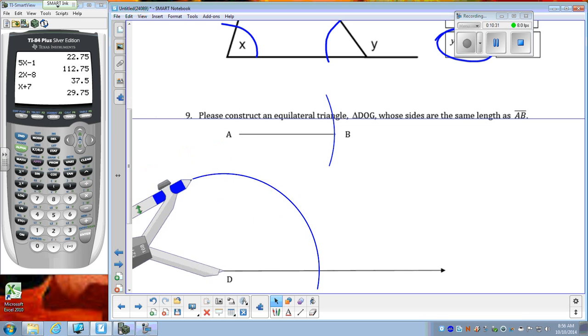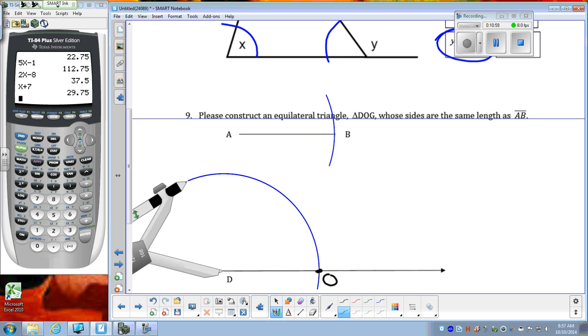D and then draw an arc. Now, point O is where my arc intersects my original line. So here's O. Now, to make point G, I need DG and DO to be the same length. Well, I know that anything along my blue arc is going to give me something that's equidistant, or the given distance from D, but I need to figure out where the given distance from O is also.